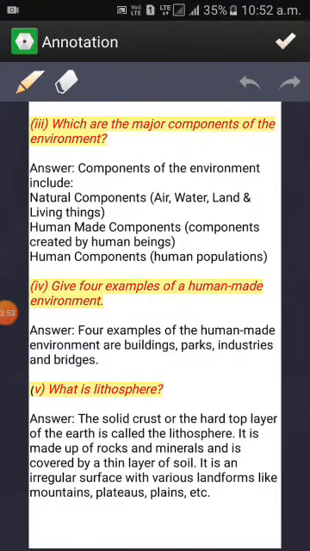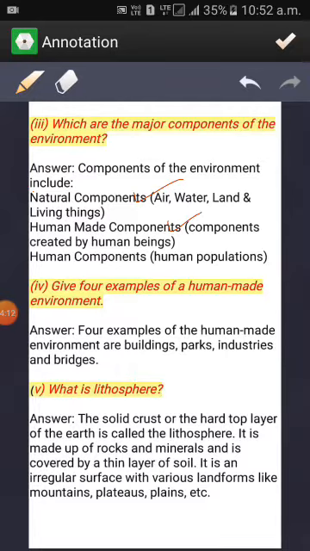Question number 3 is, which are the major components of the environment? You have studied this well, so we can write, components of the environment include natural components and human-made components.